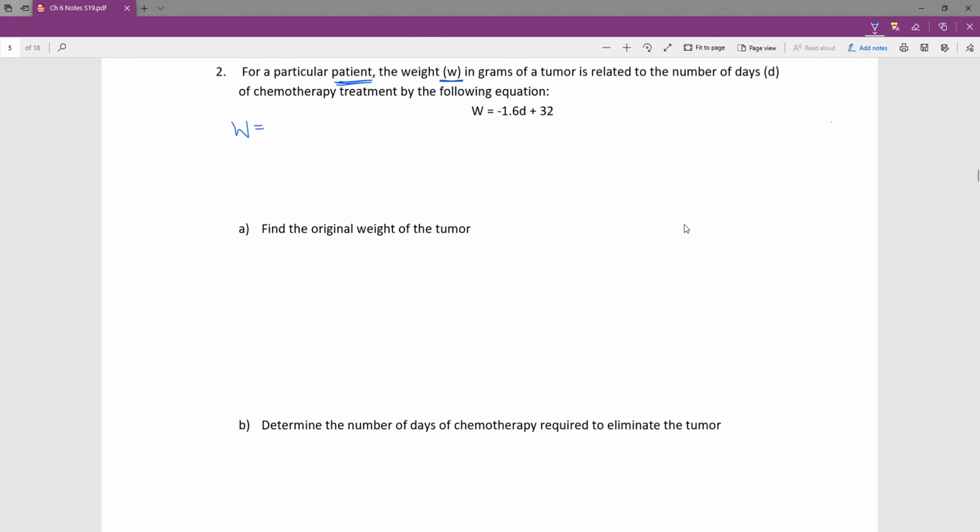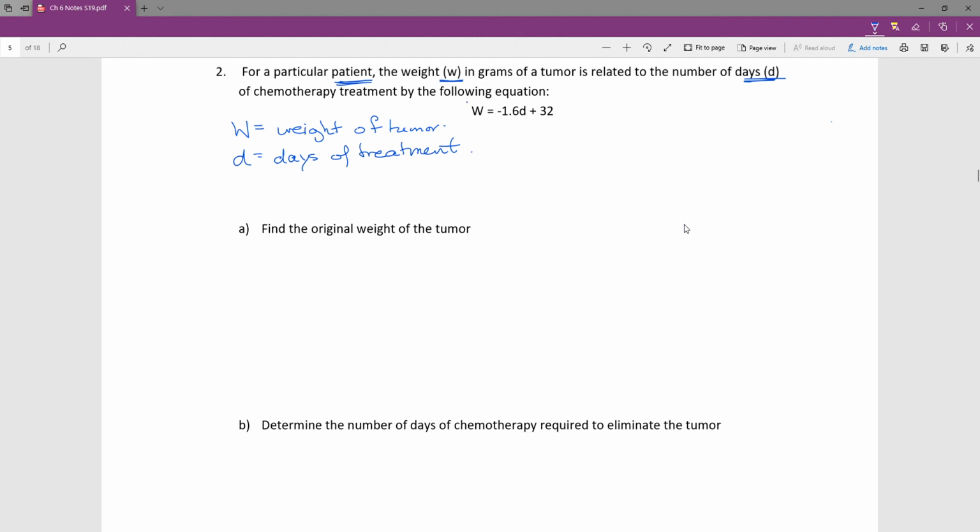So W is for weight of the tumor. The weight of the tumor is W and is related to the days, so D, of chemotherapy treatment. So D is the days of treatment.